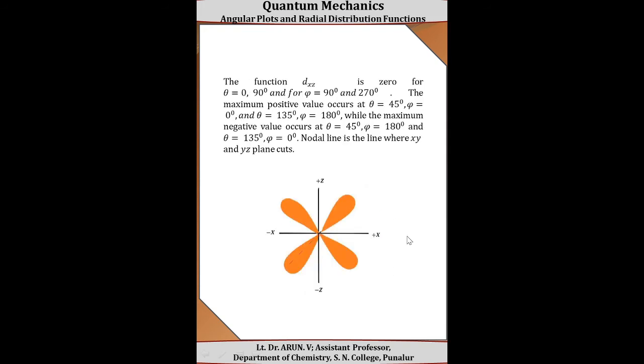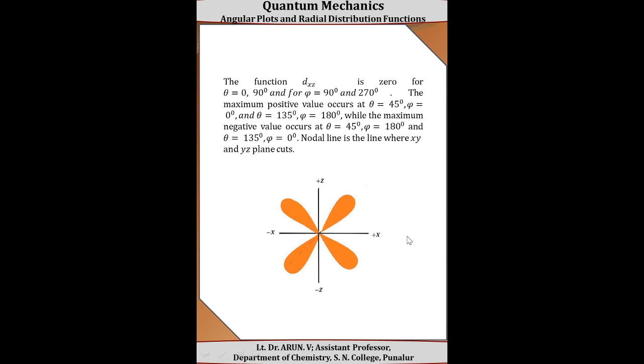Then we have to plot the dxz function. The dxz function is 0 for theta is equal to 0 and theta is equal to 90 degree, and for phi is equal to 90 degree and phi is equal to 270 degree. The function is maximum positive value when theta is equal to 45 degree and phi is equal to 0 degree, and theta is equal to 135 degree and phi is equal to 180 degree.